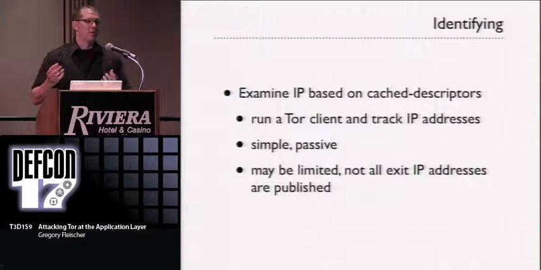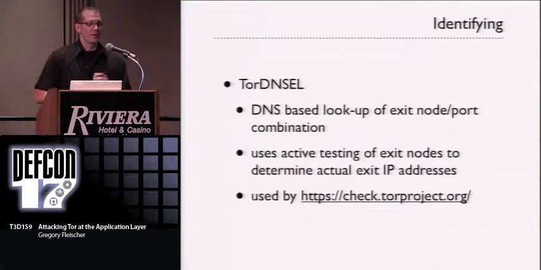Maybe you don't want people to know that you're looking to see, I'm trying to identify Tor users when they visit my site. There are some limitations to this, though, because not all the exit IP addresses are actually published. Some exit nodes accept requests on one IP address, but then send traffic out on another. So this limits your ability to get the global picture.